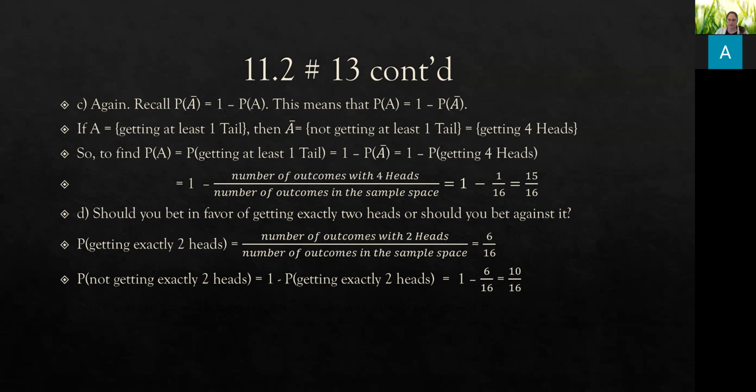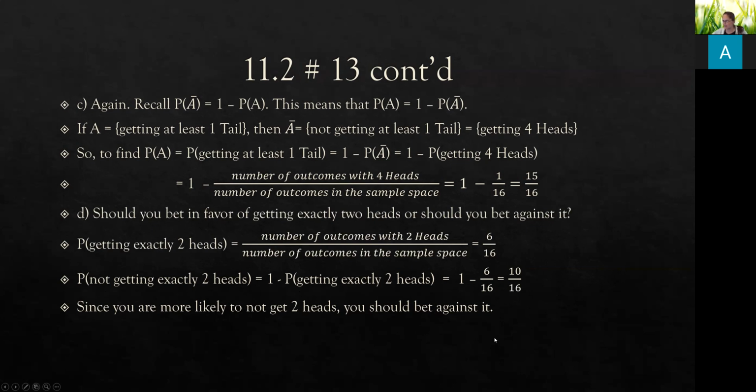So here I'm using the complement rule. It's 1 minus 6/16. That gives me 10/16. Okay? And 10/16 is bigger than 6/16. So you are more likely to not get 2 heads since it has a bigger probability.